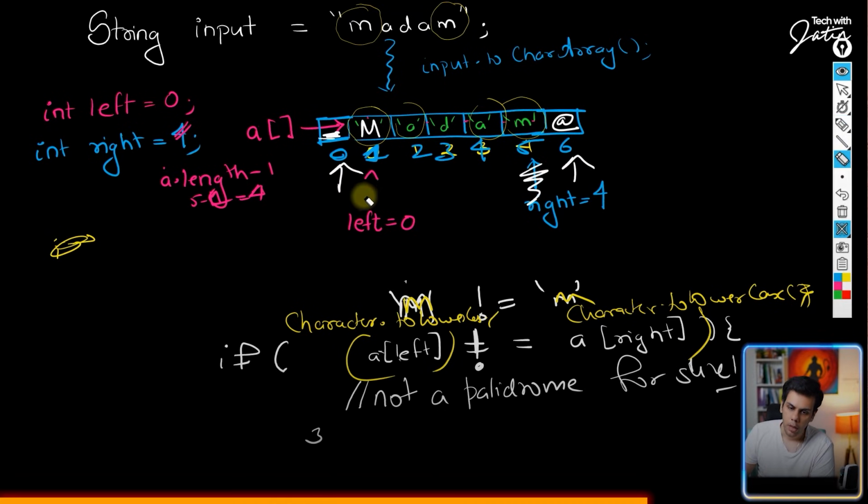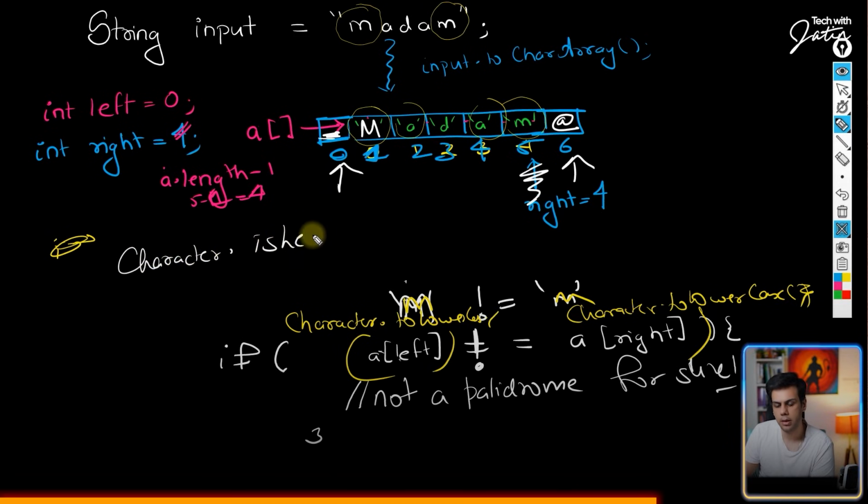Now, we will first check this particular index. The value which is there on this particular index, is it not a letter or a digit? It is not a letter or a digit, right? Perfect. Because if you remember, we have a method Character.isLetterOrDigit.